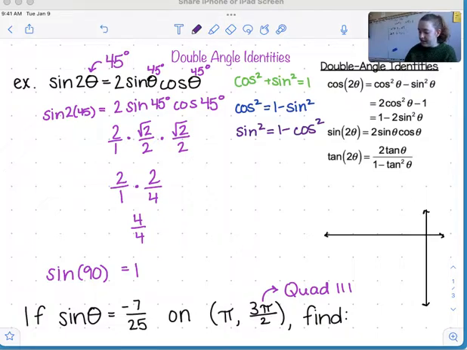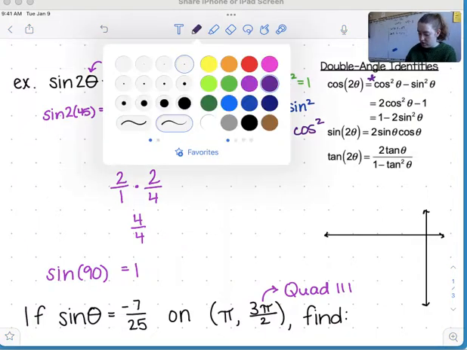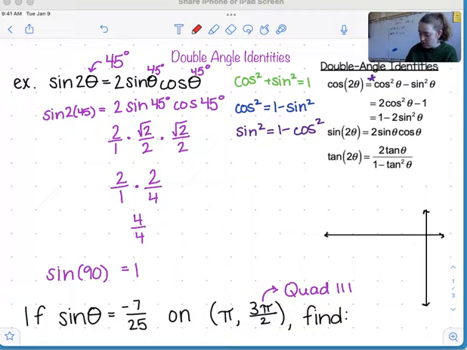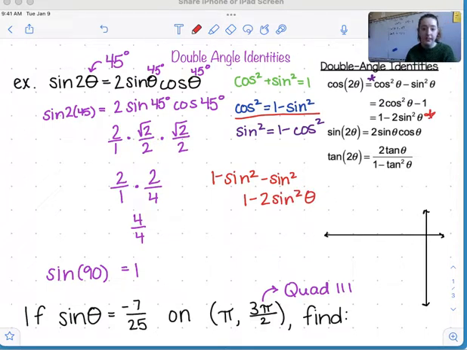So if we take this original guy and we put in what we know cosine squared is equal to, 1 minus sine squared, and then we still have that minus sine squared. So that's how we get that 1 minus 2 sine squared theta down here.